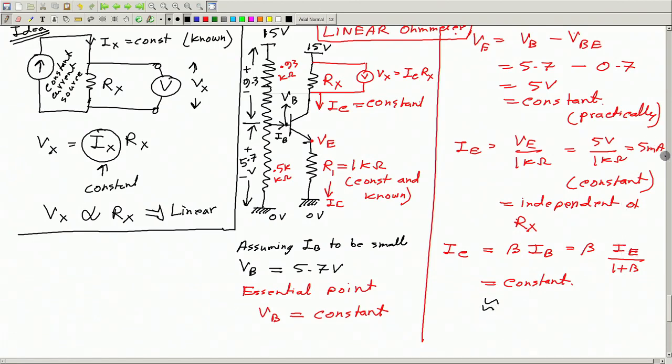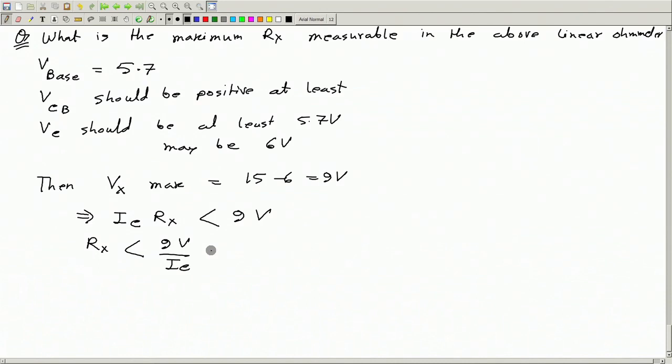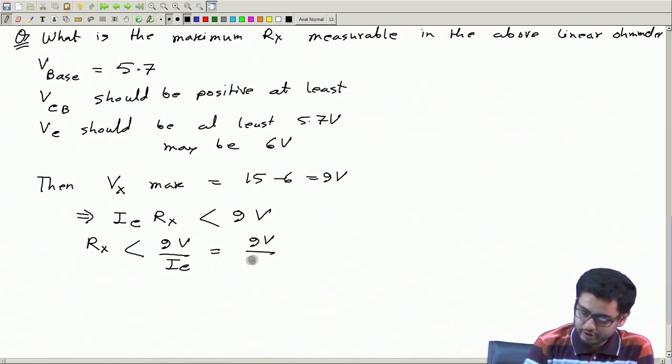So let us take it from here. IE is 5 milliampere, let us take beta very large, then beta by 1 plus beta is 1. So then this is 5 milliampere, and you can write 9 volt by 5 milliampere. So this is 9 by 5 or 18 by 10, 1.8 kilo ohm.